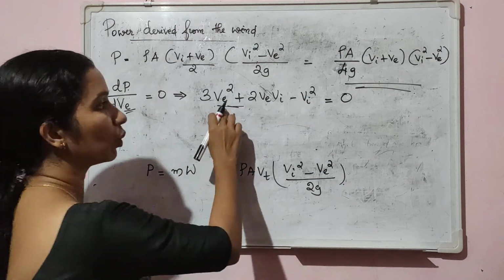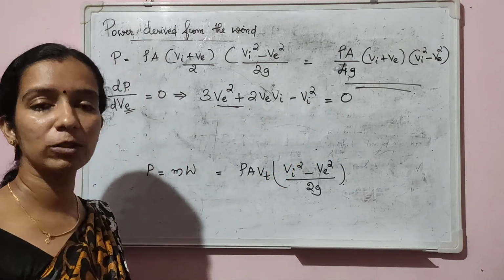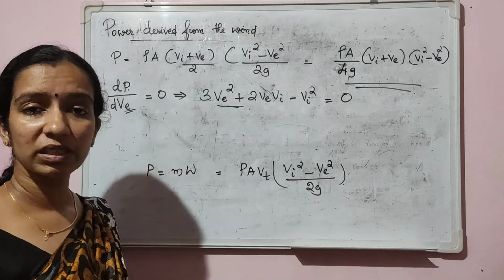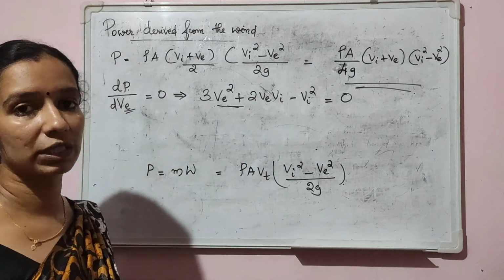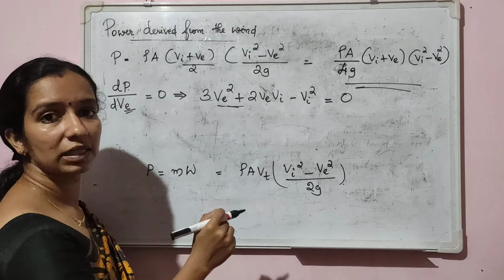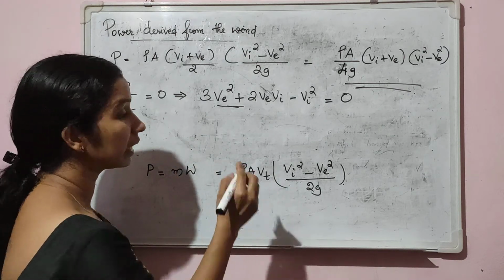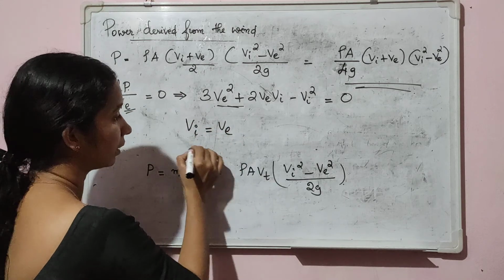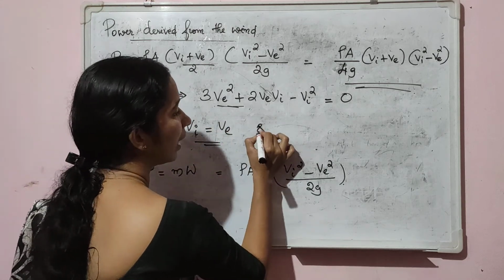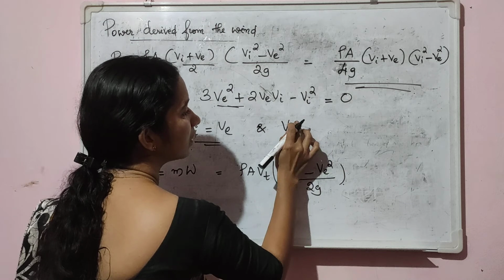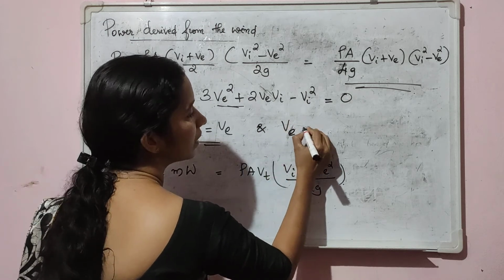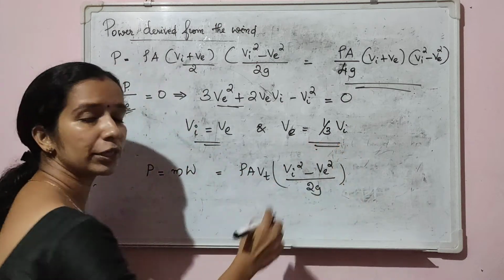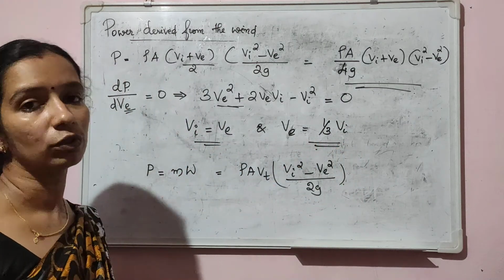This is a quadratic equation, a second degree equation, so there will be two solutions. On solving this, the first solution is VI is equal to VE, and the second is VE is equal to 1 by 3 times VI. These are the two solutions that you are going to obtain.